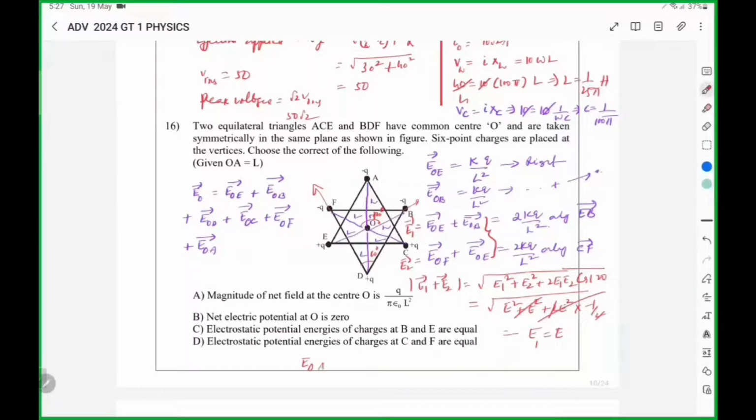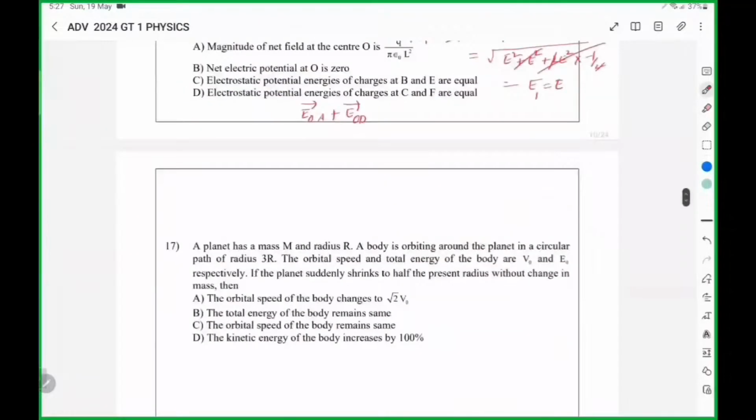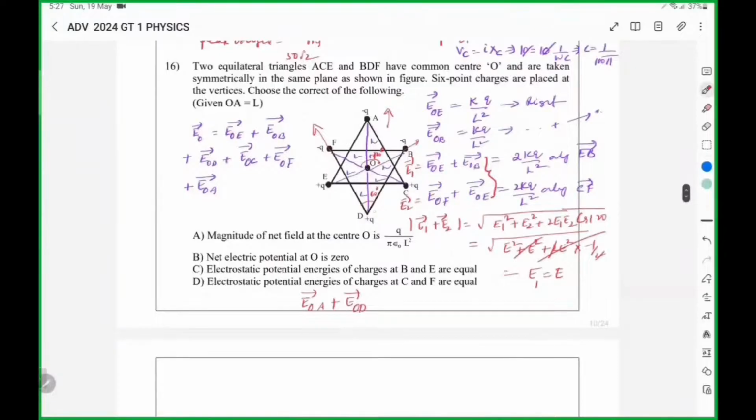Now, I found out the electric field due to 4 different charges. Electric field at O due to the charge present at A is towards the upward direction. Electric field at O due to the charge present at D is also in the upward direction, which is 2 times KQ by L square. Now here the direction is along DA.